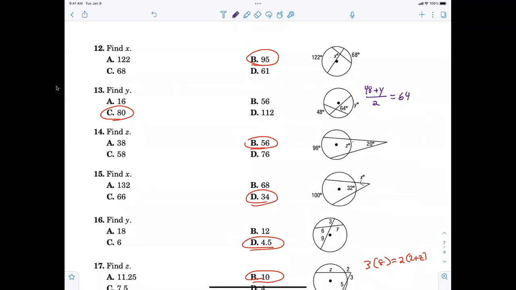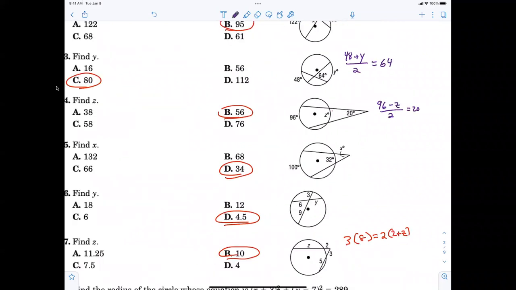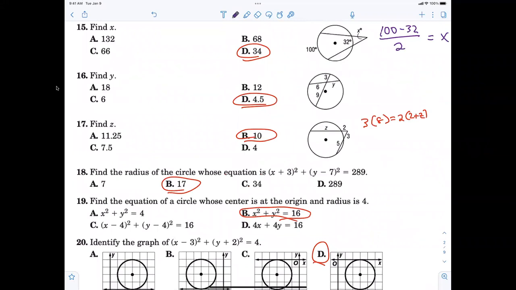Now in 14, it's the difference of the intercepted arcs. So this would be 96 minus Z divided by 2 equals 20. So the next one is 100 minus 32 divided by 2 equals X. Now for 16, remember this is the product.